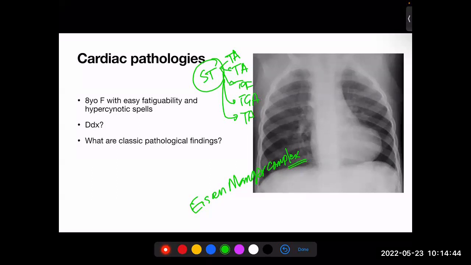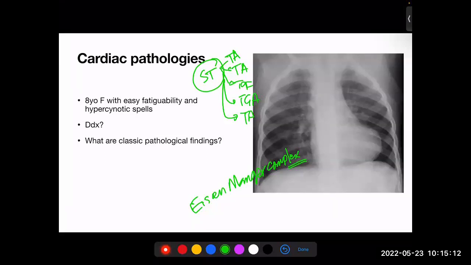Okay, classic pathologic findings in TOF. Stupid questions for first years, but go on. What are the four of the tetralogy? They call it PROV, with V. Pulmonary stenosis for the P. Start with VSD like normal people, my friend.